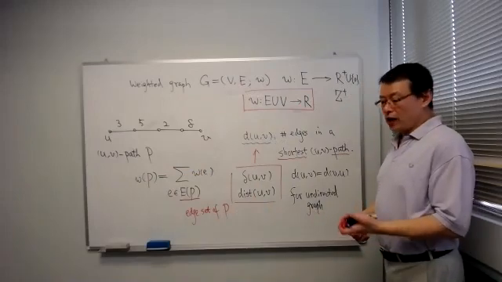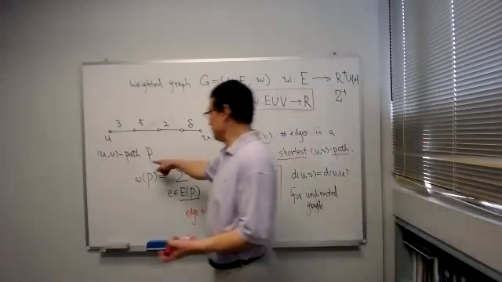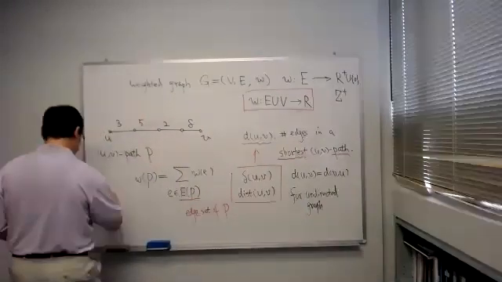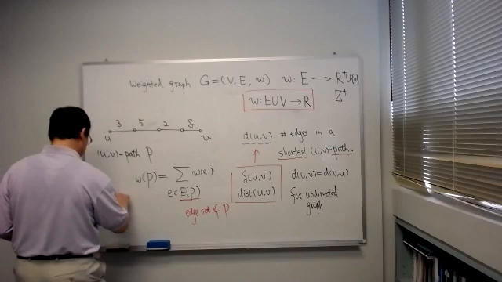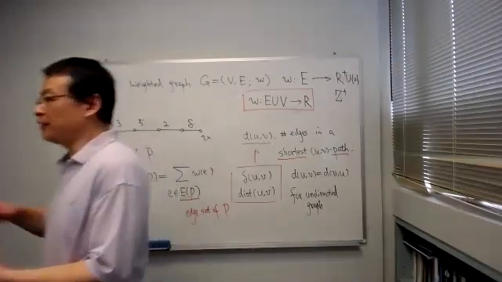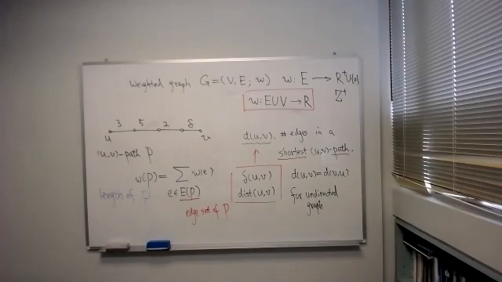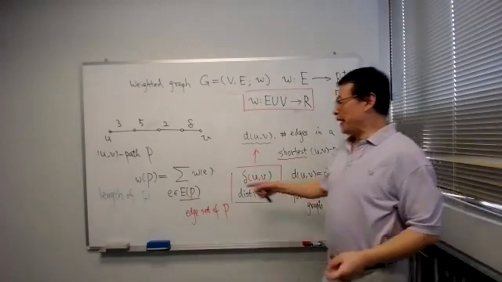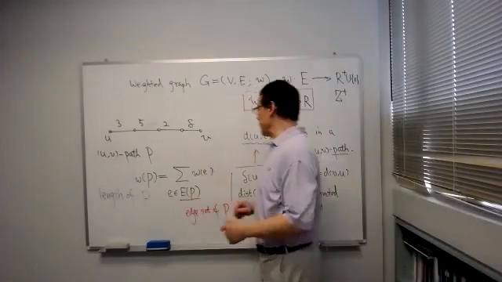And this weight is called the length of P. So for each path, we have its length, that's the sum of edge weights.